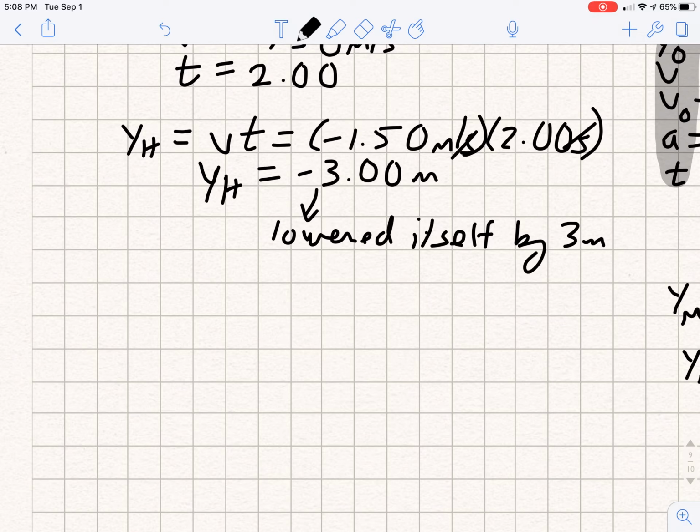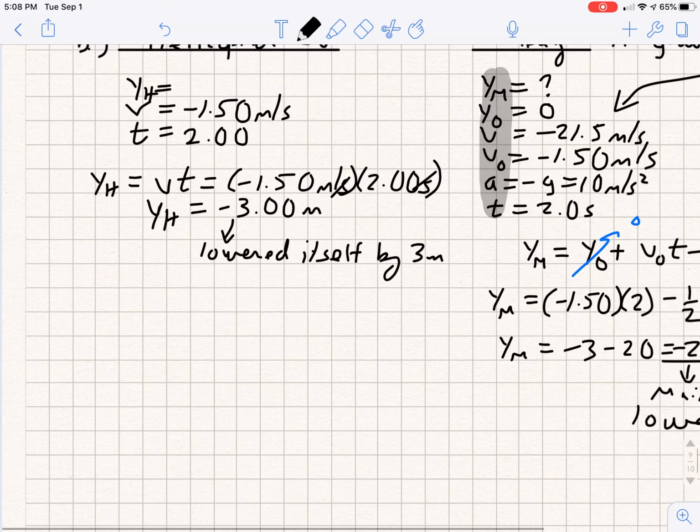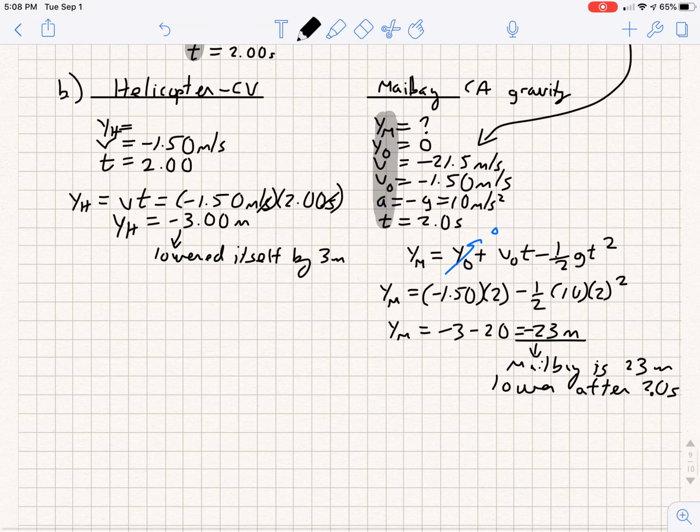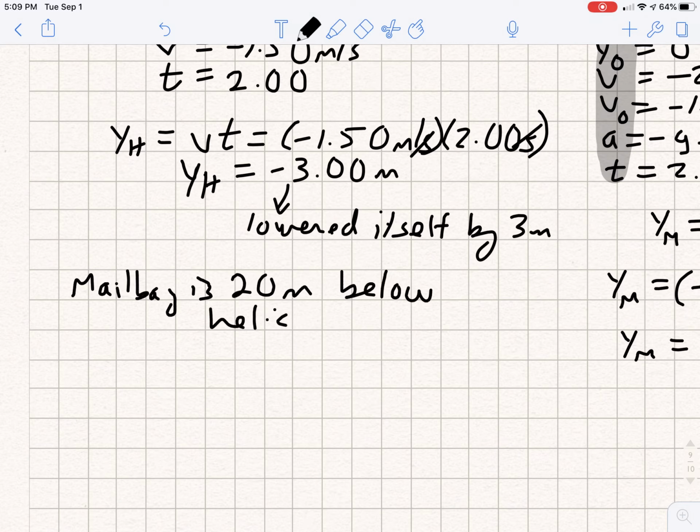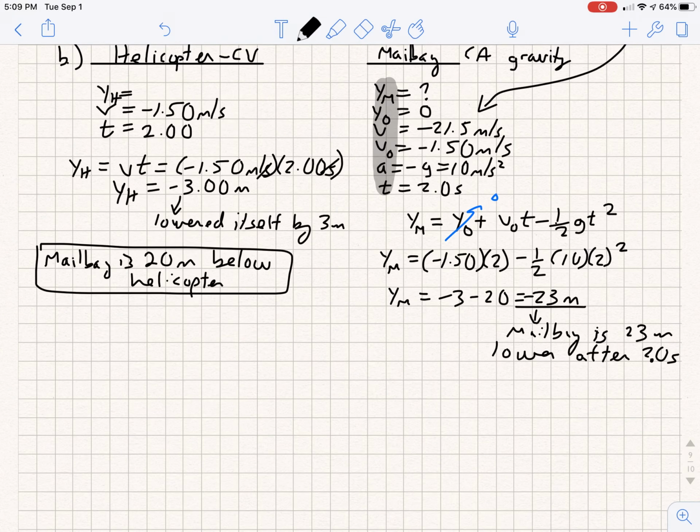If we take the position of the 3 meters below and the 23 meters below, that means the mailbag is 20 meters below the helicopter. In other words, we're subtracting the absolute value of these positions, 3 and 23.